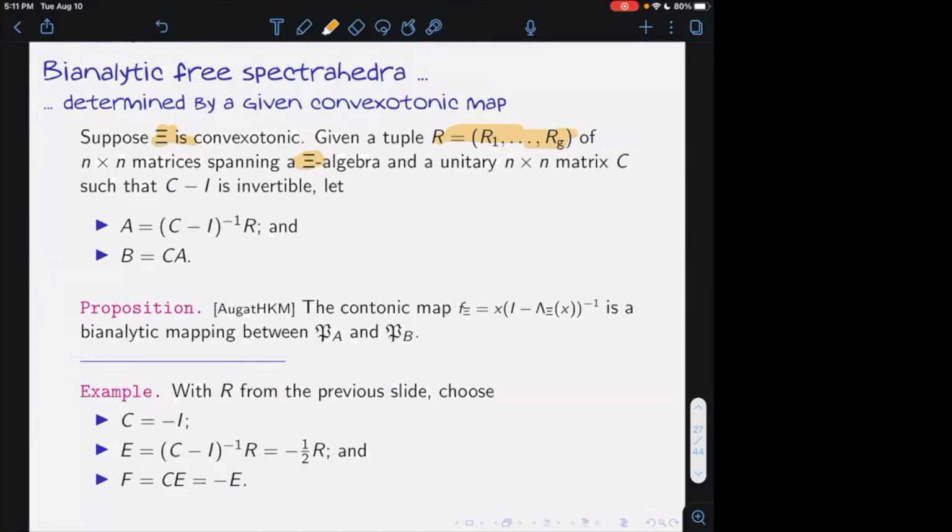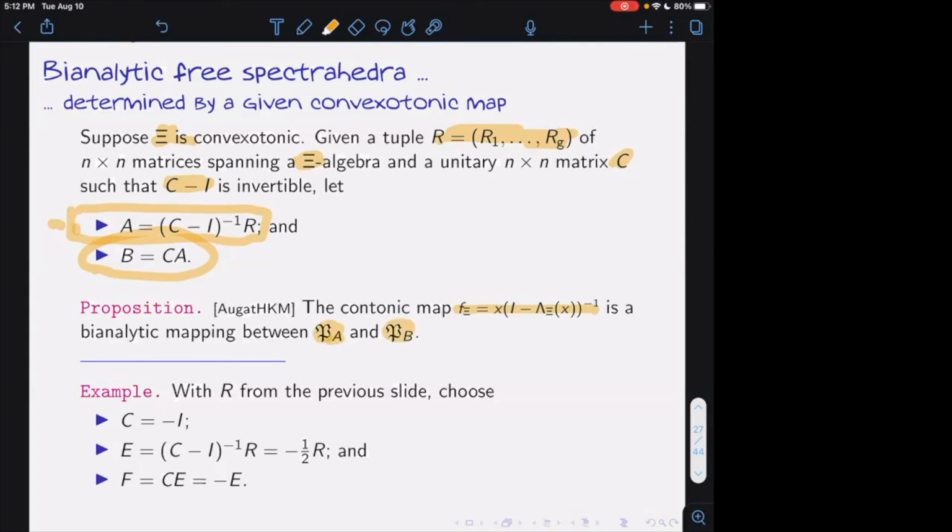Take any old n by n unitary matrix C, but we assume that C minus I is invertible. And then choose A this way, and B to be C times A. So A is C minus I inverse times R, B is just C times A. And then the corresponding convexitonic map is a bianalytic map between these two free spectrahedra.